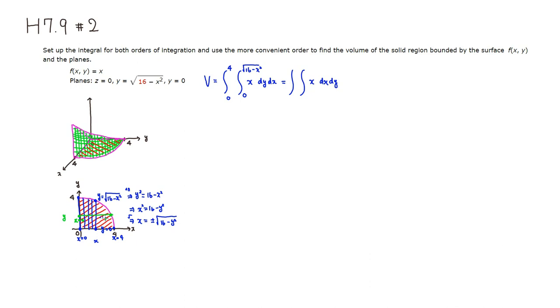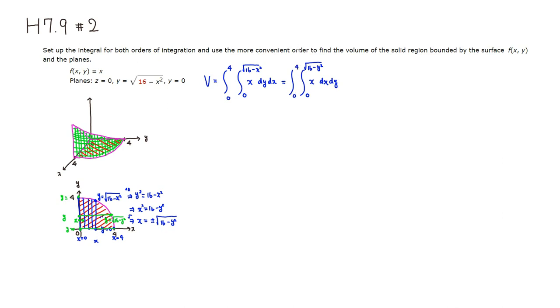So x is going to go from 0 to the square root of 16 minus y squared. Then y starts at y equals 0 all the way to y equals 4, so it goes from 0 to 4.